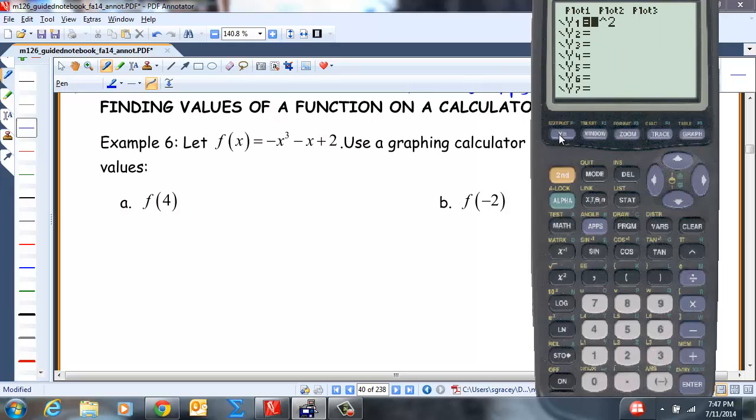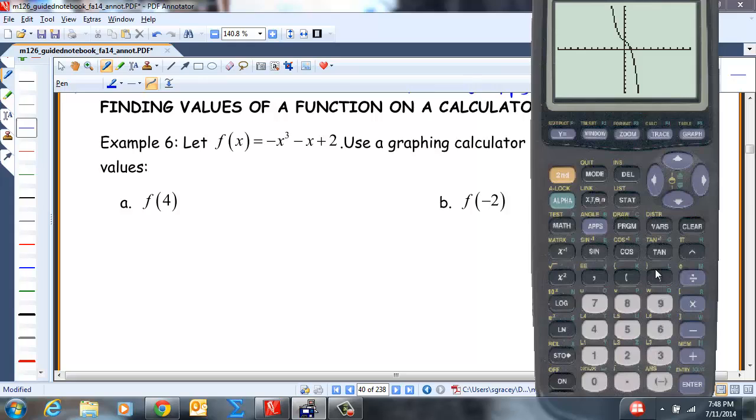So if we go to our y equals menu and we clear it, and then we put in the right side of the equation, which is negative x cubed minus x plus 2, and we graph it. Now, I'm going to go ahead and zoom standard. We were on zoom square from the last section.